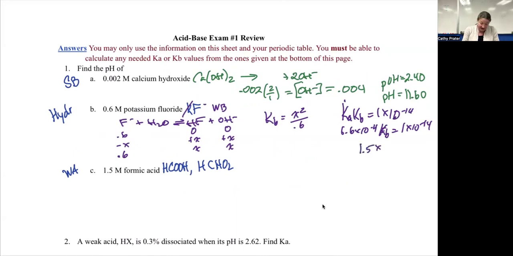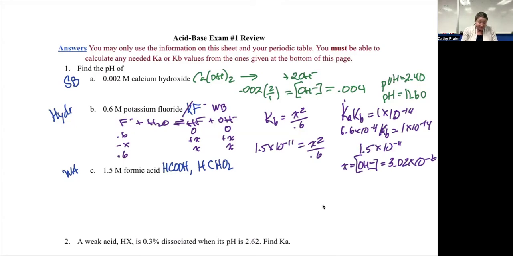Kb is 1.5 times 10 to the negative 11th equals x squared over 0.6. Times 0.6, square root answer. We get x, which is our hydroxide concentration in this problem, to be 3.02 times 10 to the negative sixth.